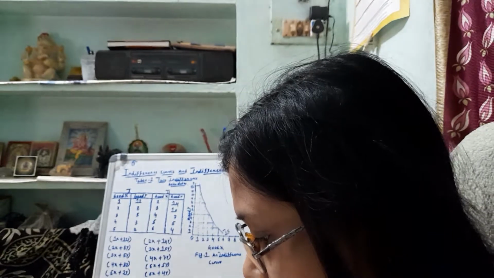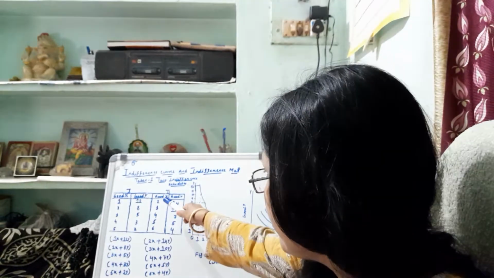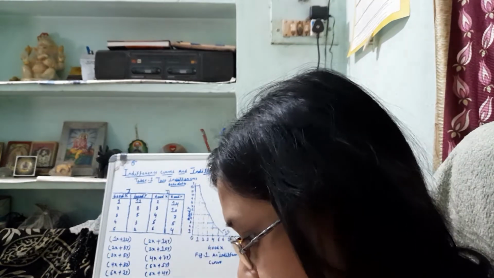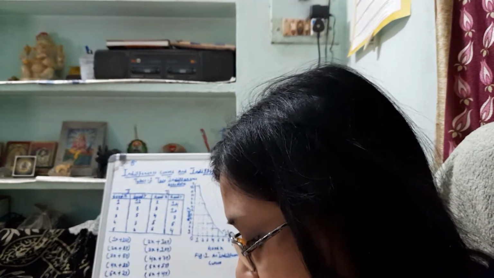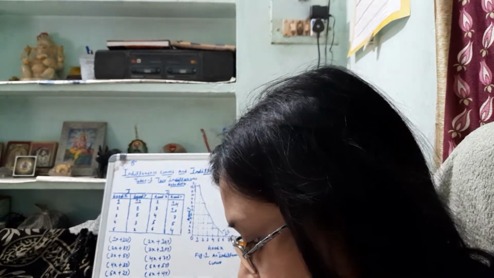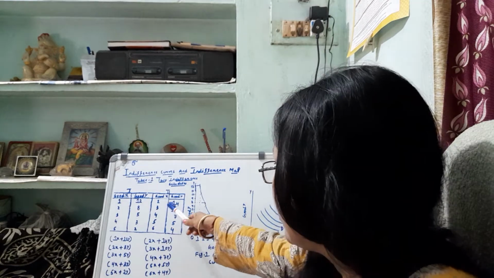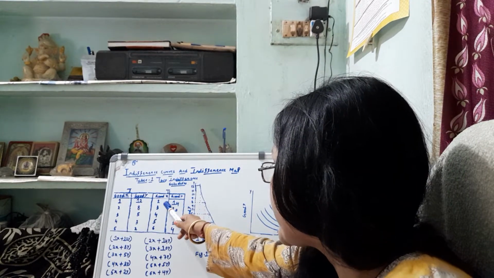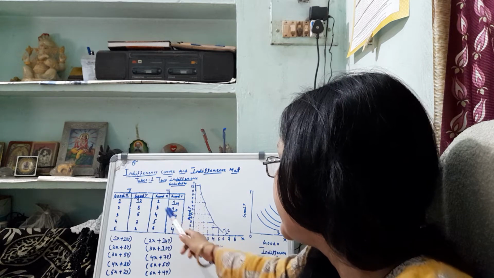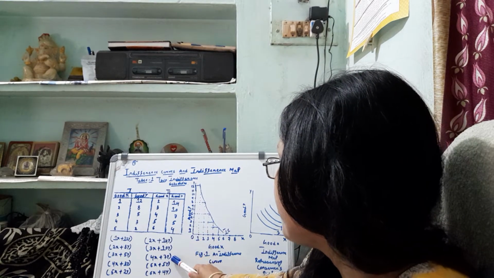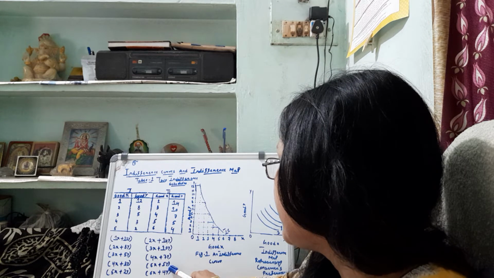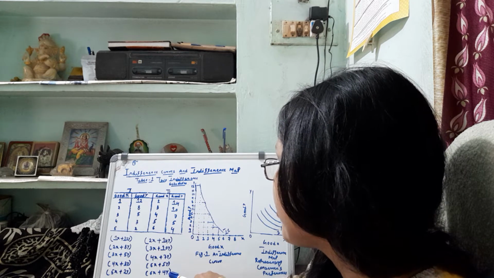In schedule 2, the consumer initially has 2 units of X and 14 units of Y. By asking the consumer how much of Y he will be prepared to abandon for the successive addition of X in his stock, so that his satisfaction remains equal to what he derives from the initial combination, we get: first 2X plus 14Y, then 3X plus 10Y, then 4X plus 7Y, then 5X plus 5Y, then 6X plus 4Y.